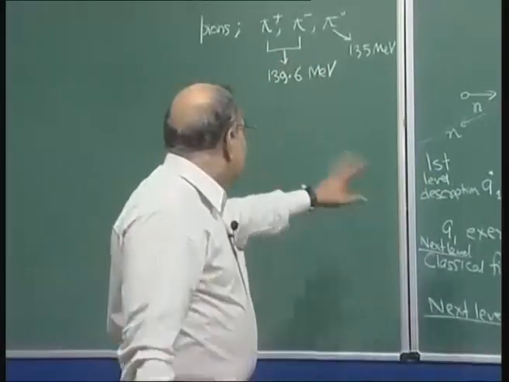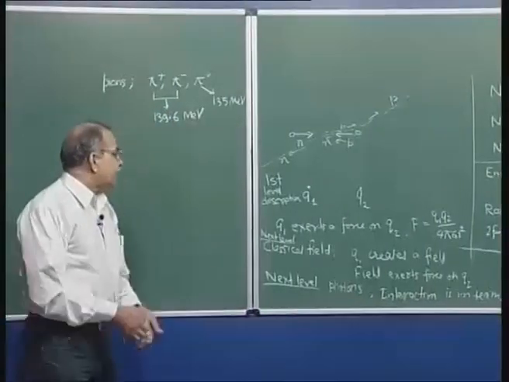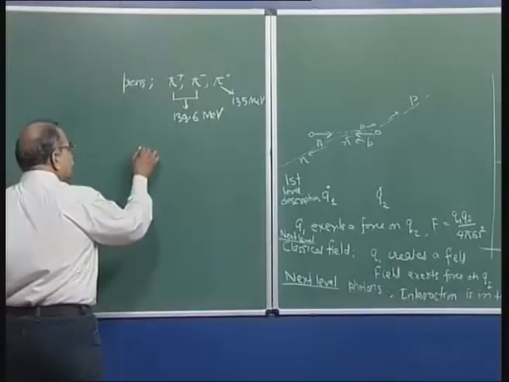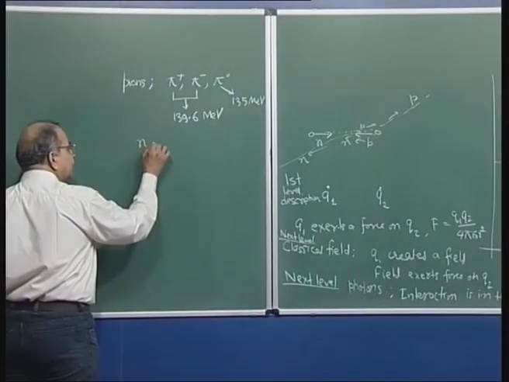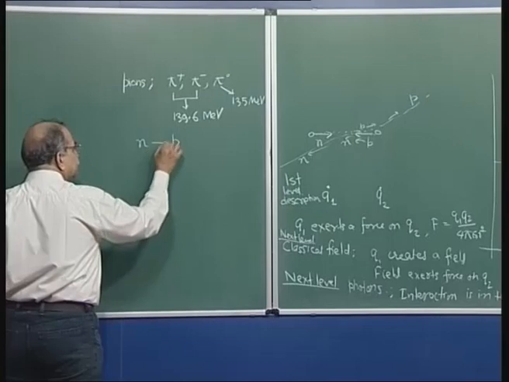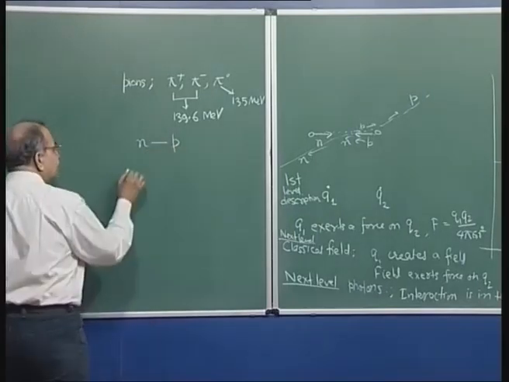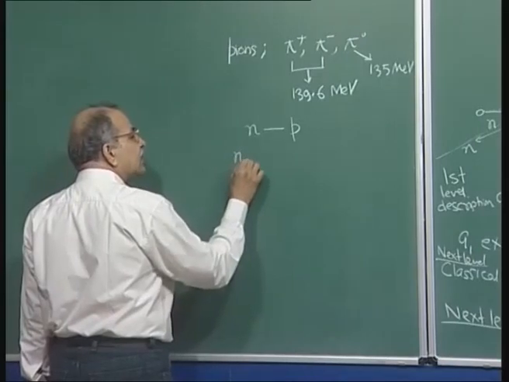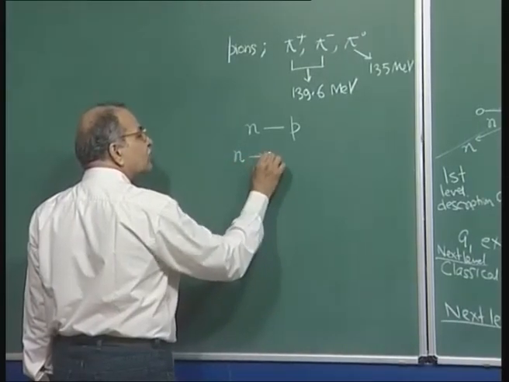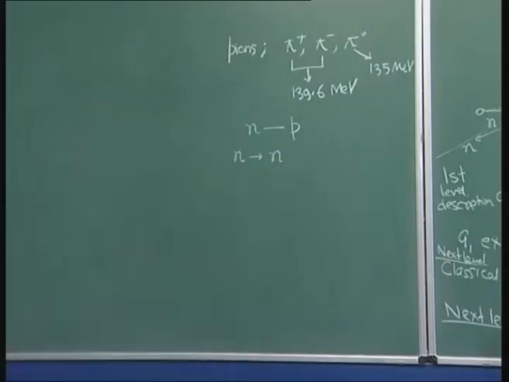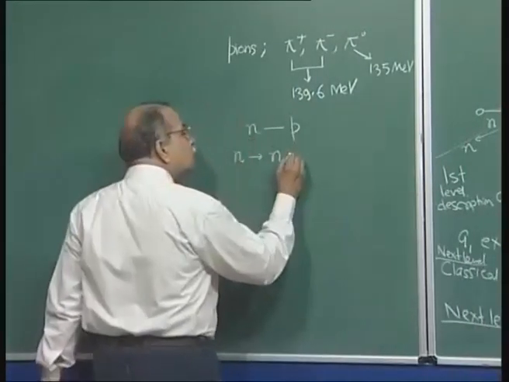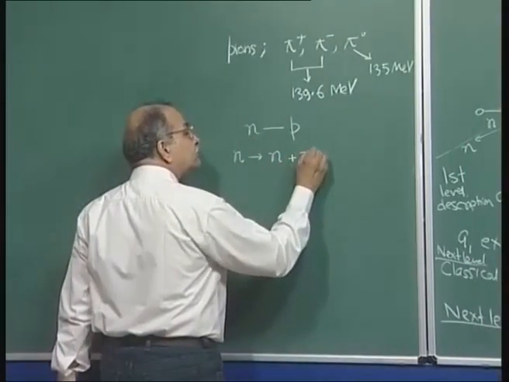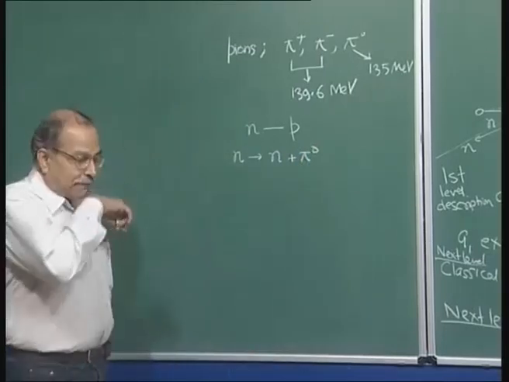All right. So, this is about pion exchange. Now, then you can have NP interaction. NP interaction can have all kinds of varieties. What can N emit? It can emit a neutral pion. Right?